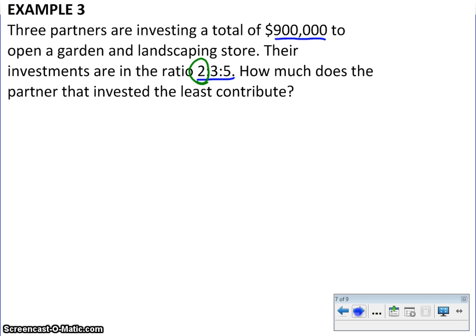And to find out 2 out of what, we're going to add all of these values together. So we end up with 2 plus 3 plus 5, which equals 10. So in essence, we're saying there's 10 parts to this corporation, and they're divided out in ratios of 2 parts to one partner, 3 parts to another, and 5 to another.